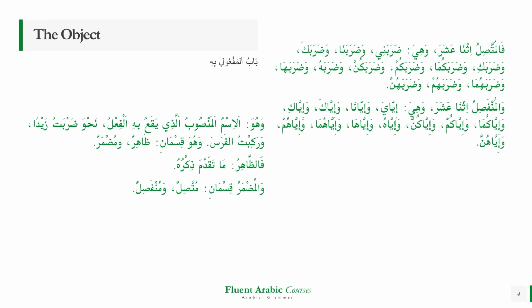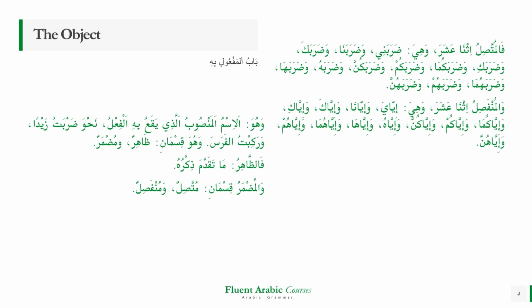The ظاهر is the apparent, and the mudmar is the hidden or indirect in a way, and it takes place in the form of the dhamir. فَظَاهِرُ مَا تَقَدَّمَ ذِكْرُهُ. The apparent maf'ul bihi is as we saw in the previous examples, as in ضربت زيدا وركبت الفرس. All these are ظاهر or apparent.